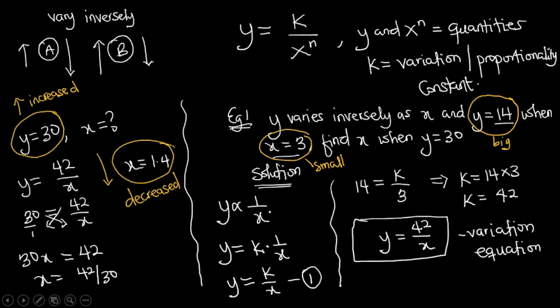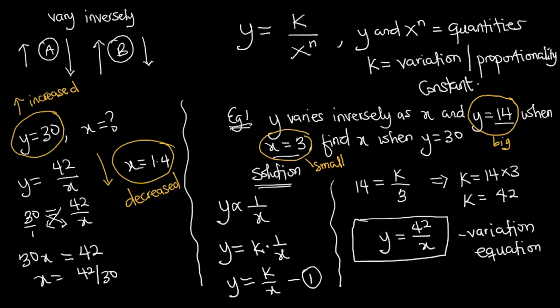This proves that the relationship between x and y is an inverse relationship, in that as one value increases, the corresponding x value has to decrease because the relationship is an inverse relationship.